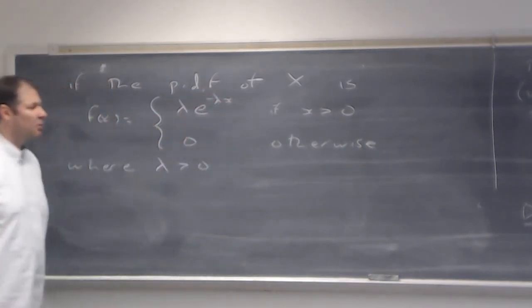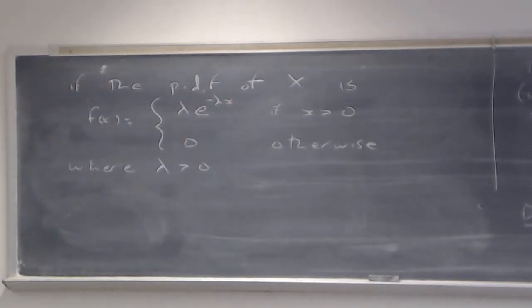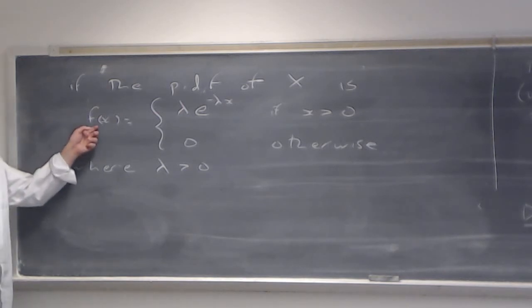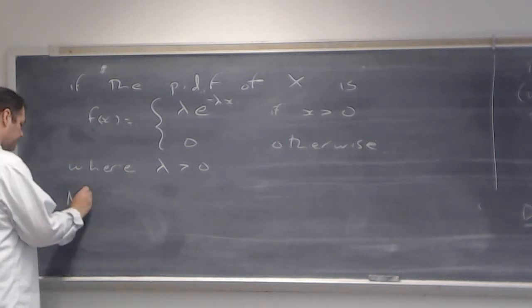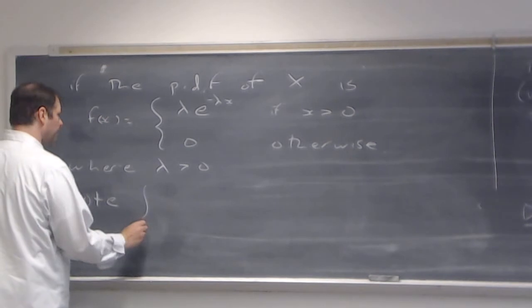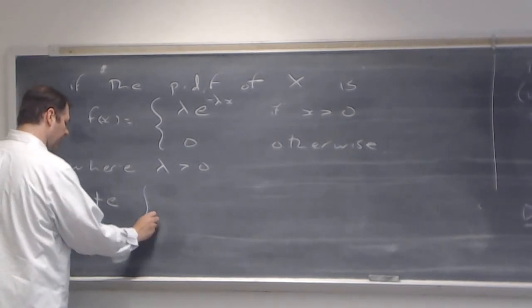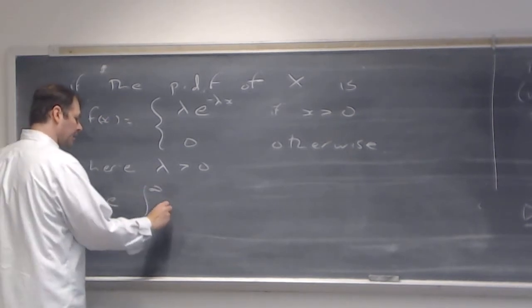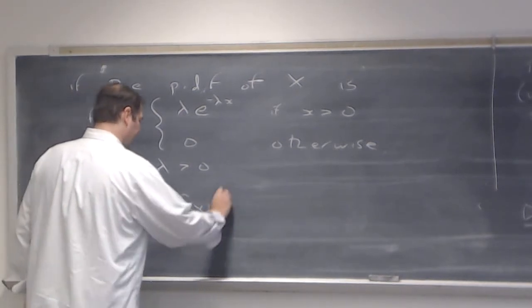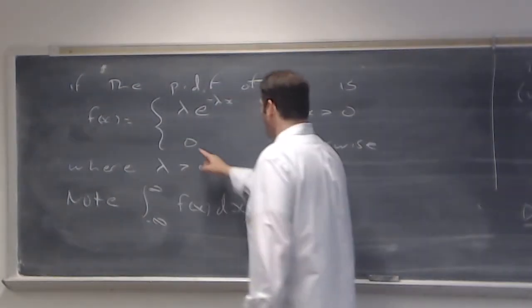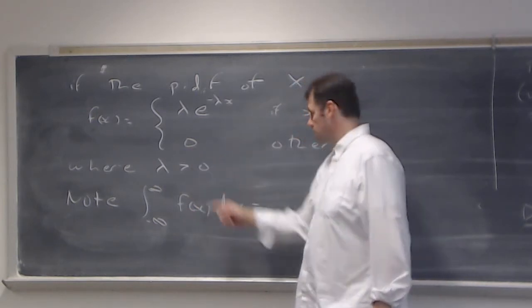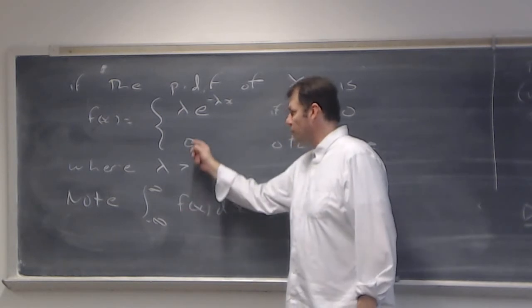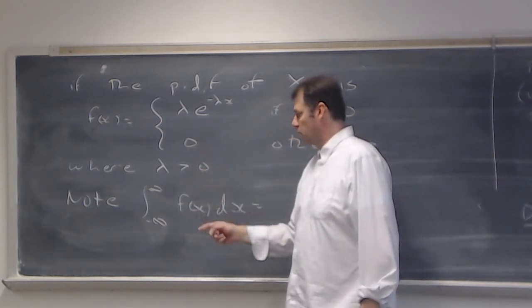So the first thing we want to do is show that if we integrate this PDF over the whole real line, we're going to get 1. Note the integral from minus infinity to infinity of f of x dx: a lot of the time this function is 0, and integrating over that region just gives 0.